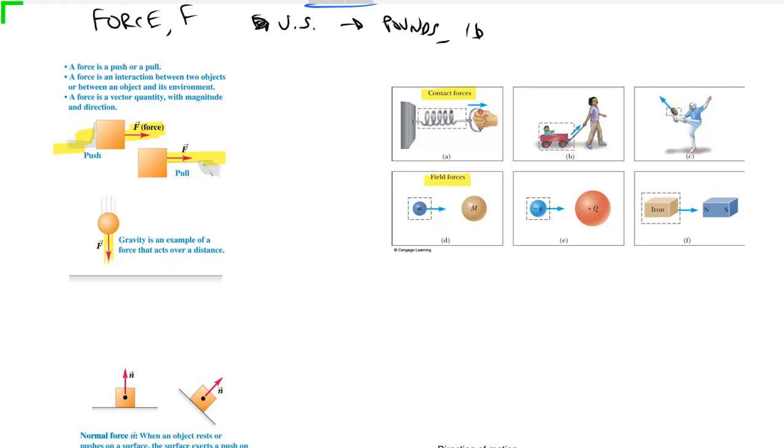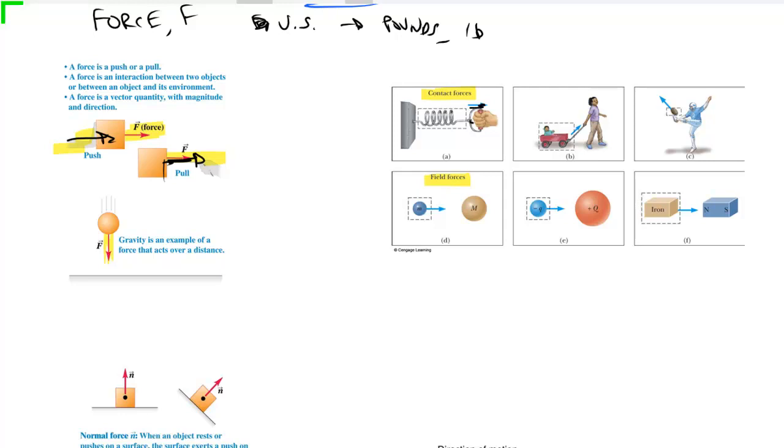Now, contact forces, as the name suggests, are forces which make physical contact. So for example, this hand pushing over here was a contact force. Also, the string was attached to this block, and the string was in contact with the block, and so this was a contact force as well. Other examples of contact forces: a hand pulling on a spring here.